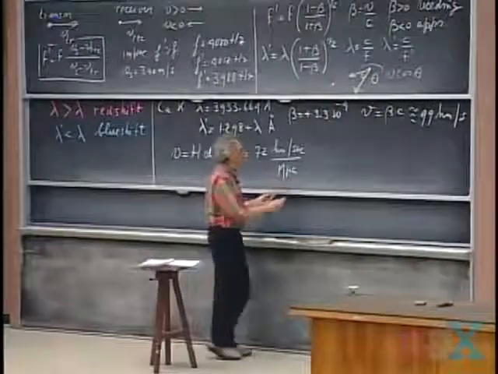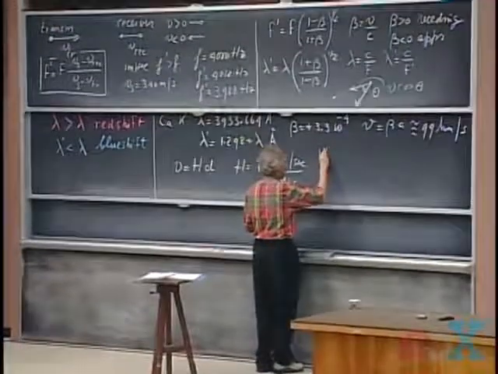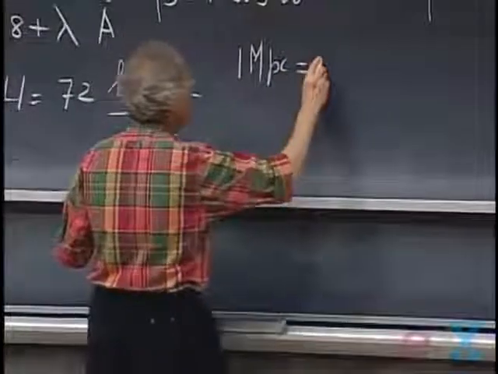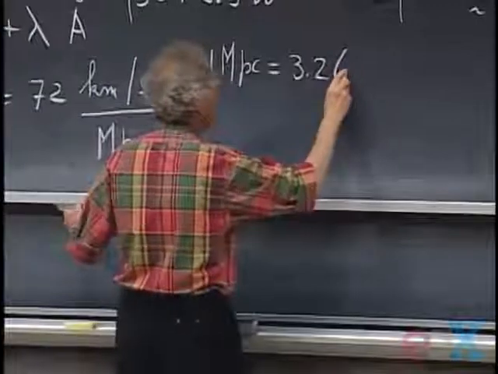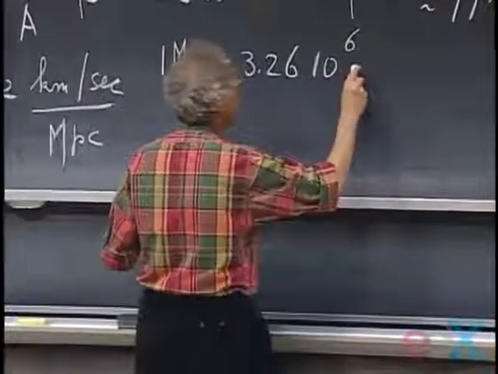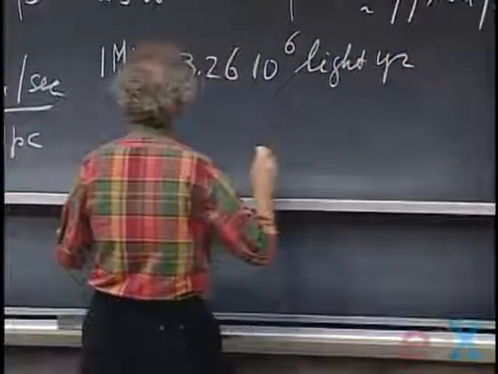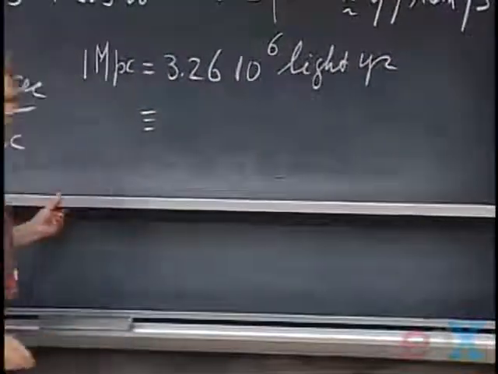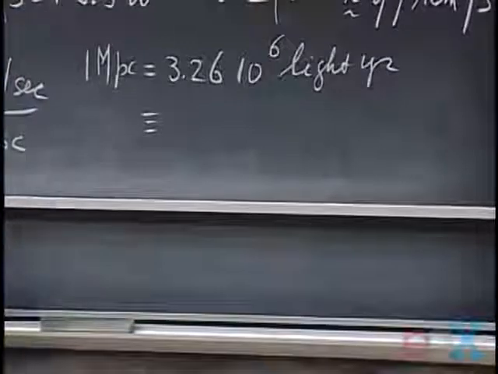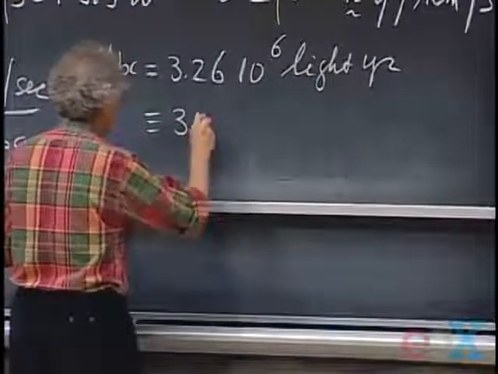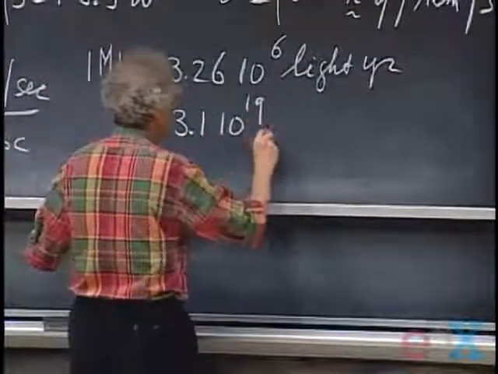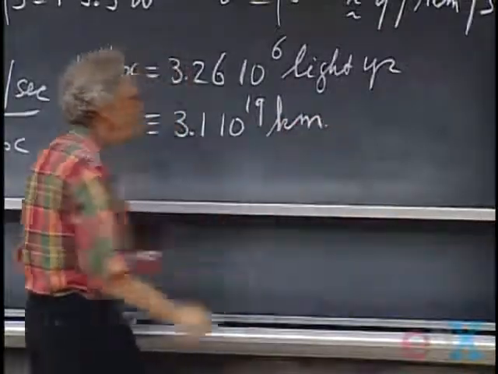We deal with parsecs and megaparsecs. And 1 megaparsec is 3.26 times 10 to the 6 light years. And if you want that in kilometers, it's not an unreasonable question, it's about 3.1 times 10 to the 19 kilometers.